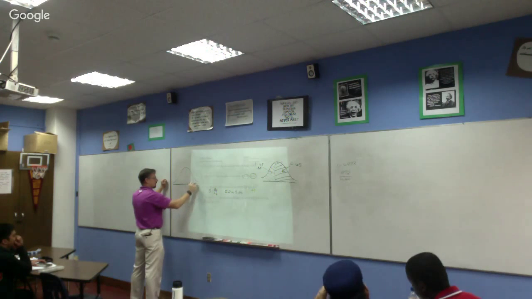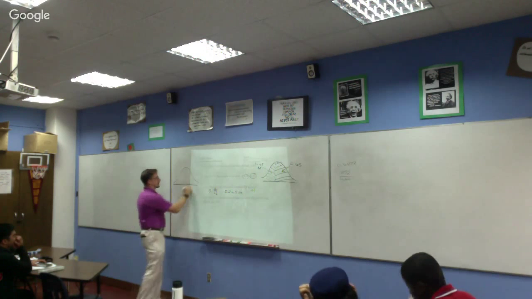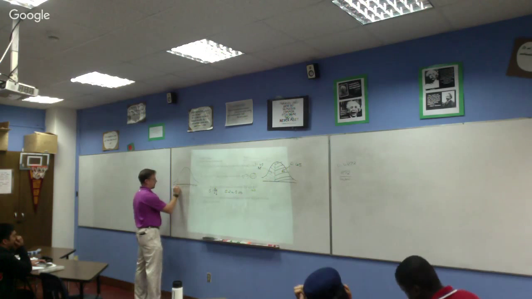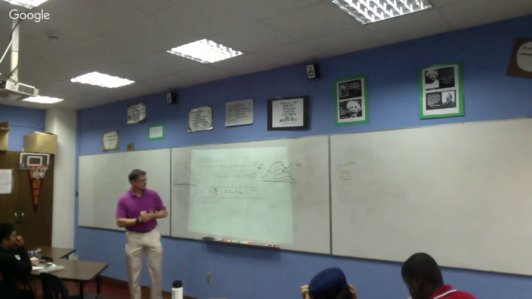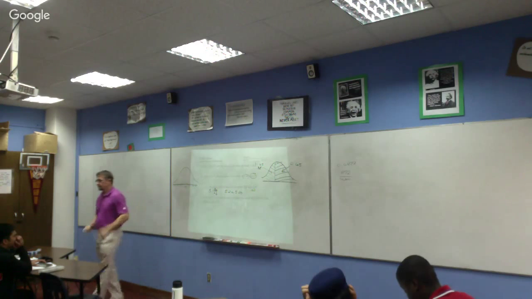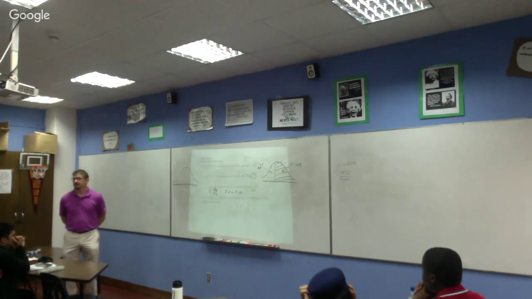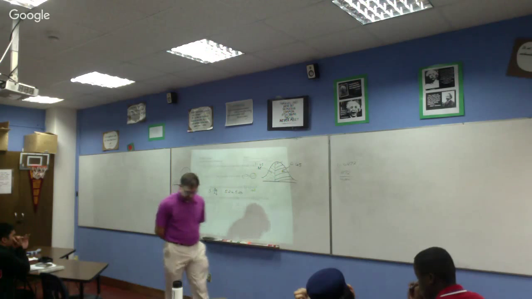You subtract it from whatever the area is, and then you put 1 minus 0.6. Do we get D and E yet?